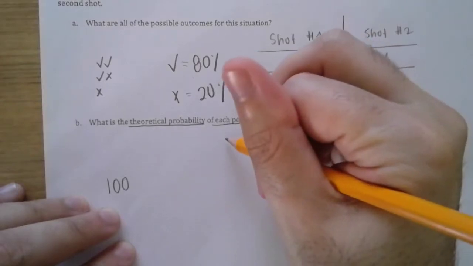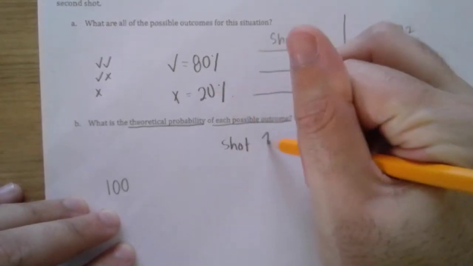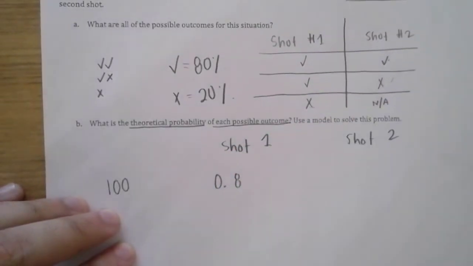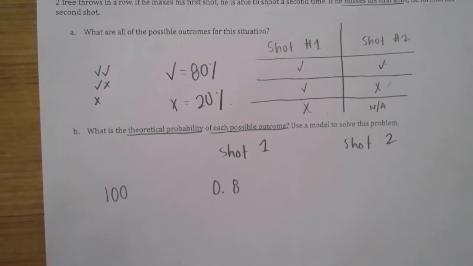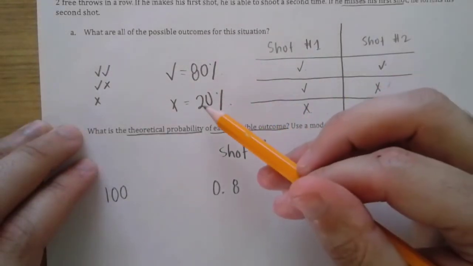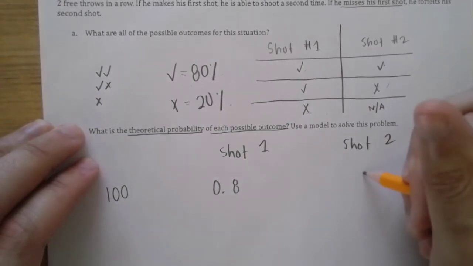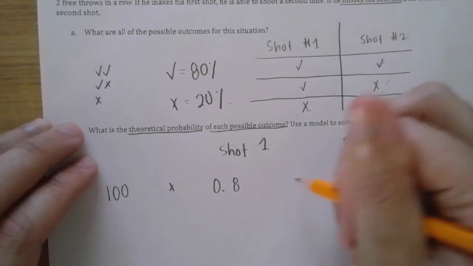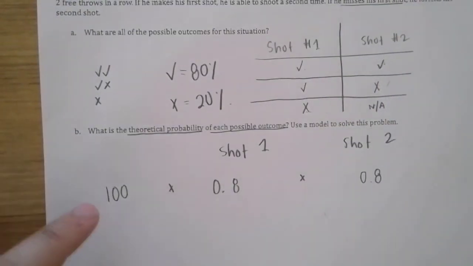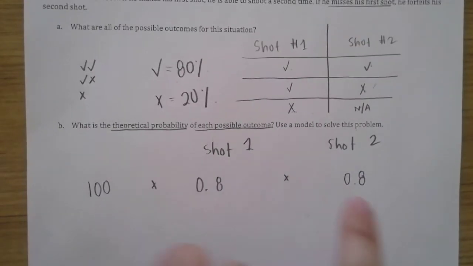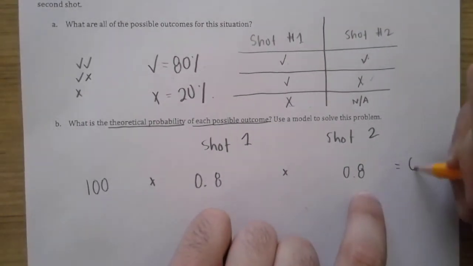So if we're talking about making the first shot, we're talking about 80%, and I'm going to represent that as 0.8. Now making my second shot, again, I still have an 80% chance of making it, so that's 0.8 as well. If I multiply these together, 100 times 0.8 is 80, times 0.8 would get me to 64.